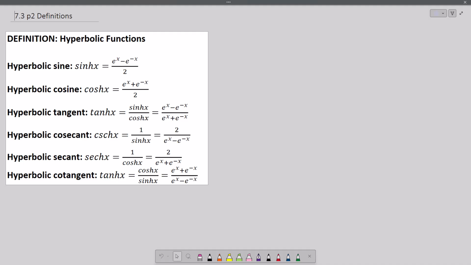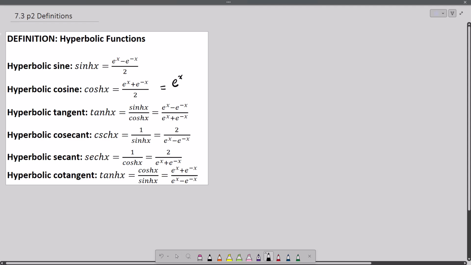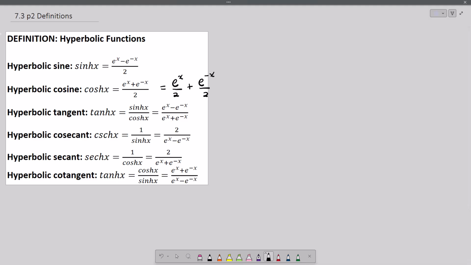Now, the way I think about it is that if you busted this apart into e to the x over 2 plus e to the negative x over 2, e to the x is exponential growth. E to the negative x is exponential decay.